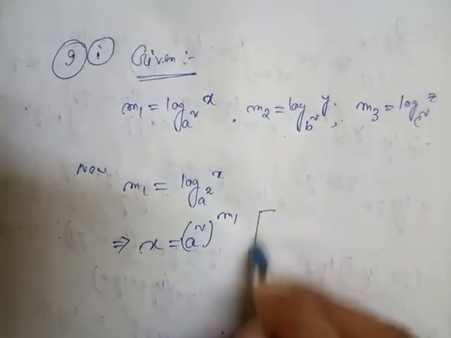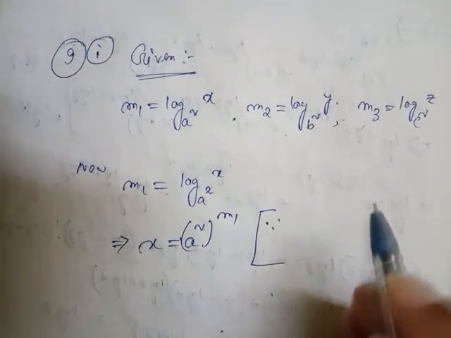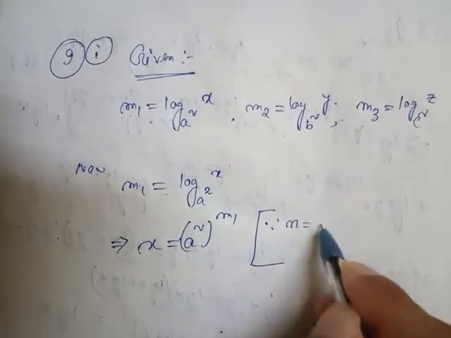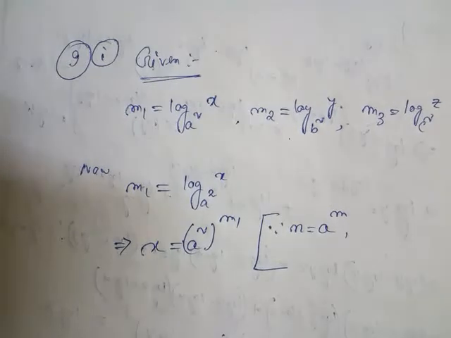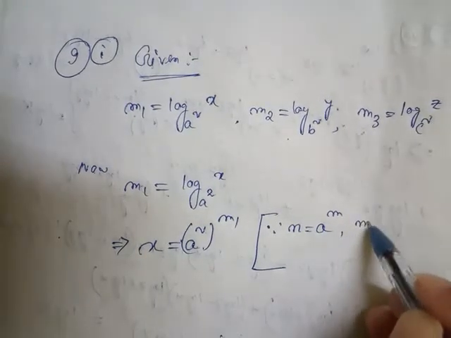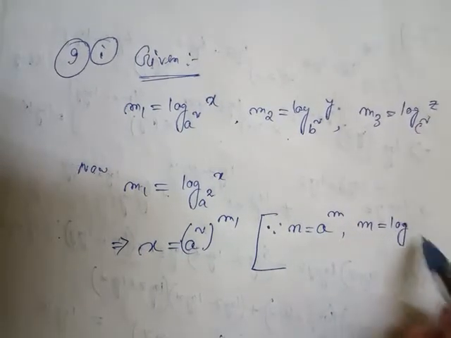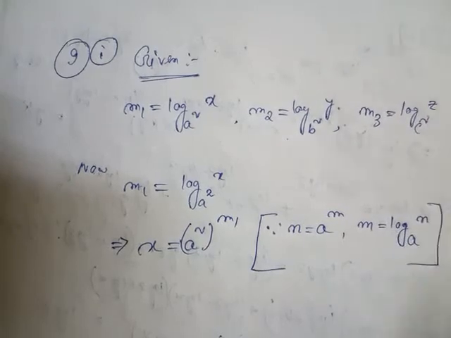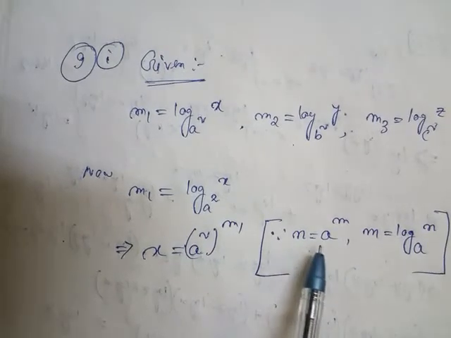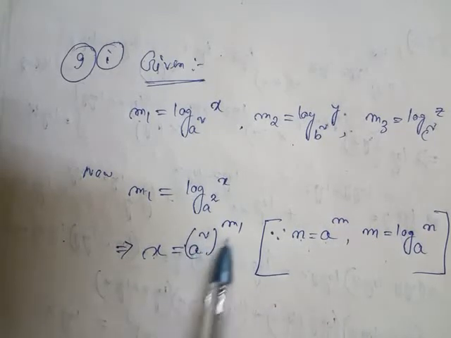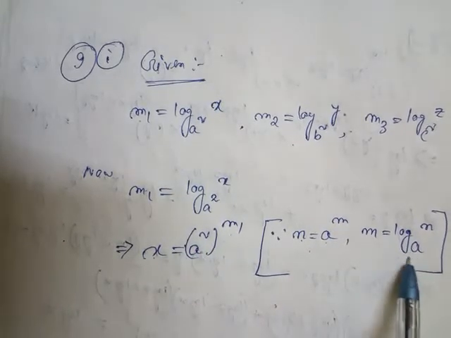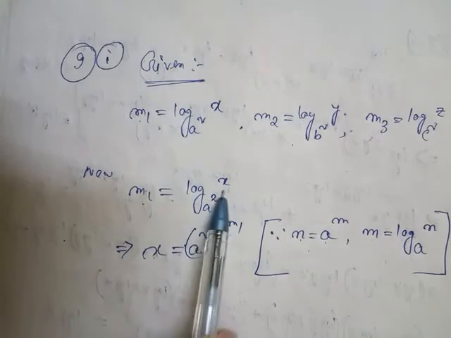By using the formula, students, maybe you remember that since n equal to a to the power m, which means m equal to log base a n. Just match with this one: n equal to a to the power m, so m equal to log base a n.